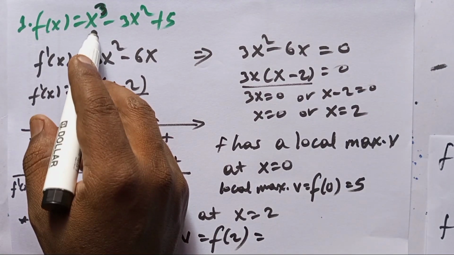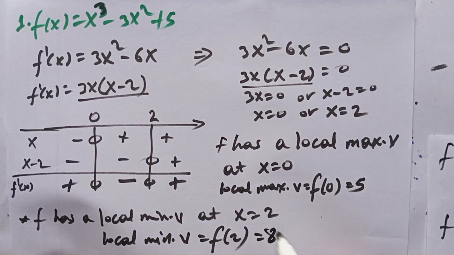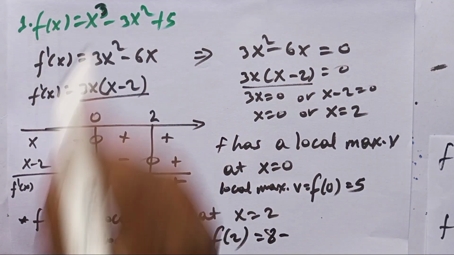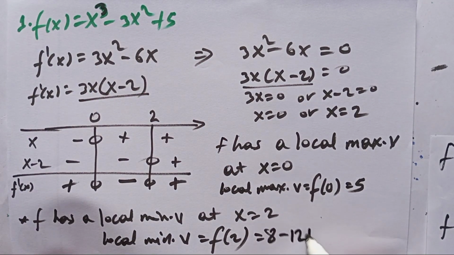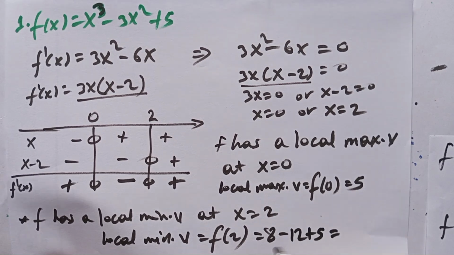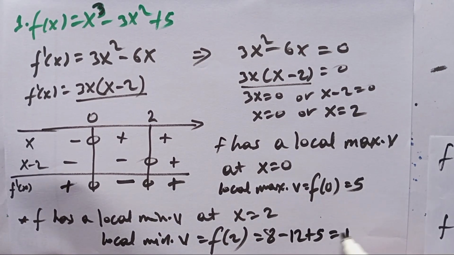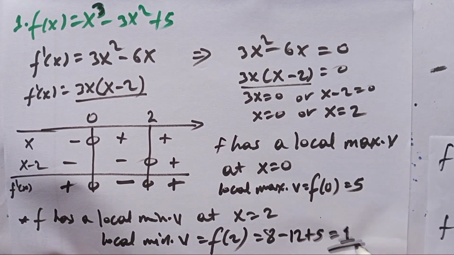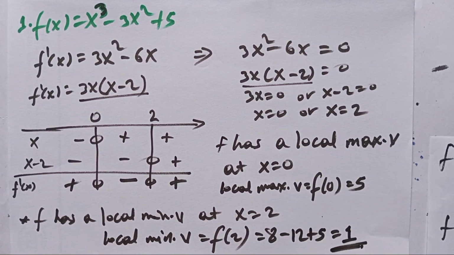Substitute 2 here: 2 cubed is 8, minus 2 squared, 4 times 3 is 12, plus 5. From this we have 1, which is the local minimum value. This one is the local minimum. Okay, good, that's all.